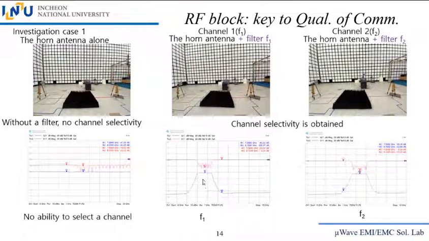That's what the bandpass filter of F1 is expected to do. And this also applies to channel F2. F1 frequency is not accepted by the bandpass filter for F2. These are the results of the bandpass filter combined with the horn antenna for high power transmission.